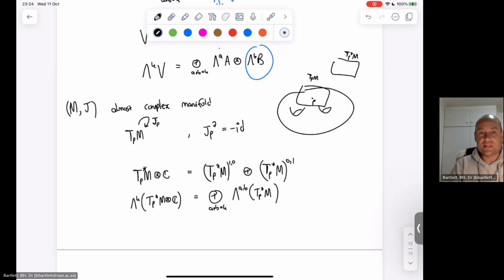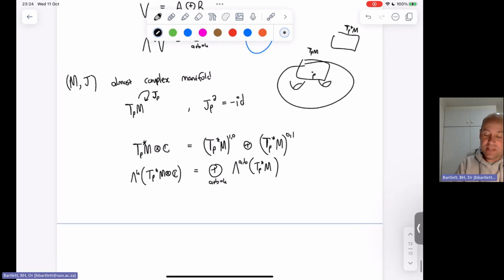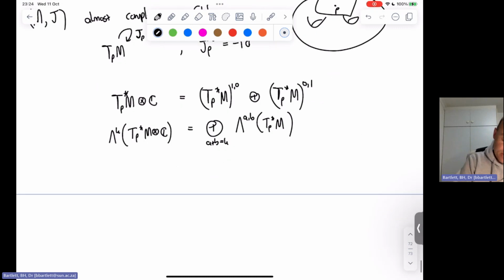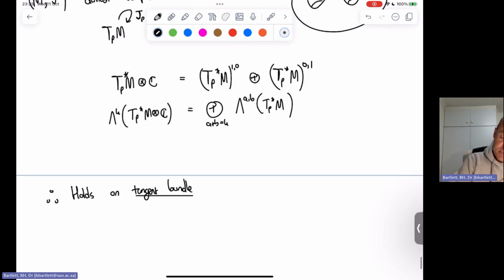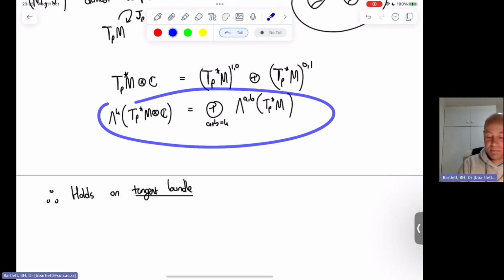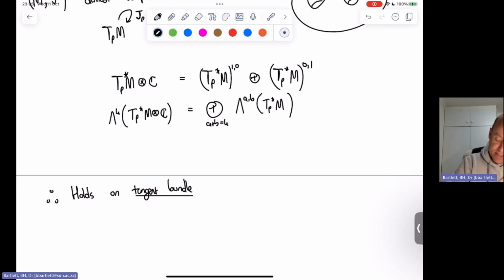All right. So since this holds on each and every tangent space, that means it's also going to hold on the tangent bundle. In other words, this breakdown here is going to hold on the tangent bundle and hence on sections of the tangent bundle.